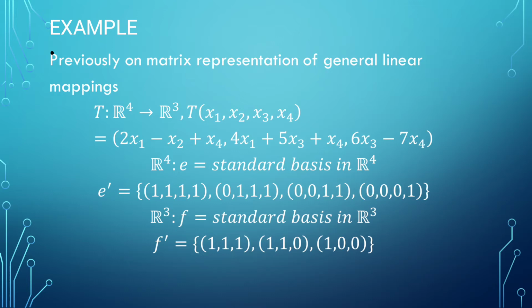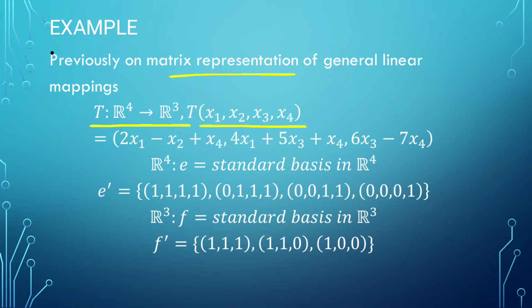Let's look at an example. We look at matrix representation of a general linear mapping, which is mapping R4, which is our domain, to R3. R4 means that we have four components in the vector.